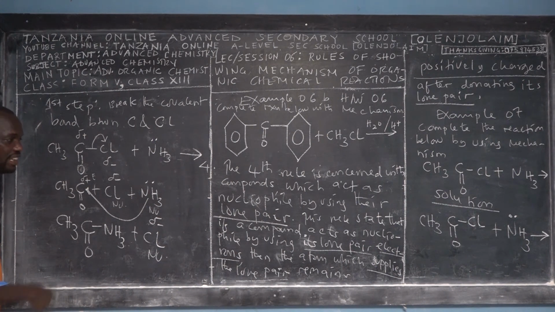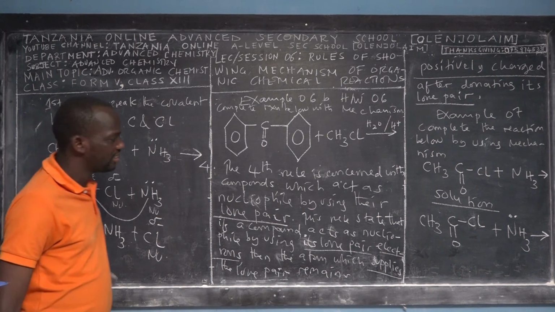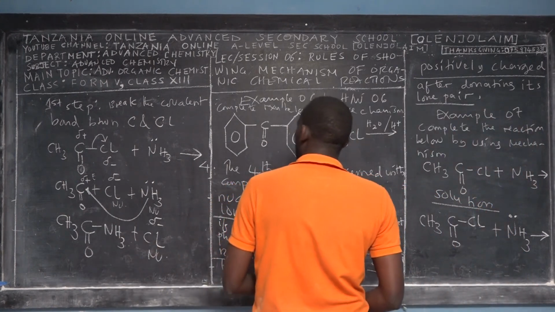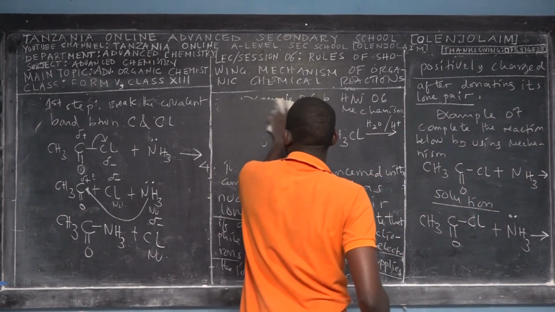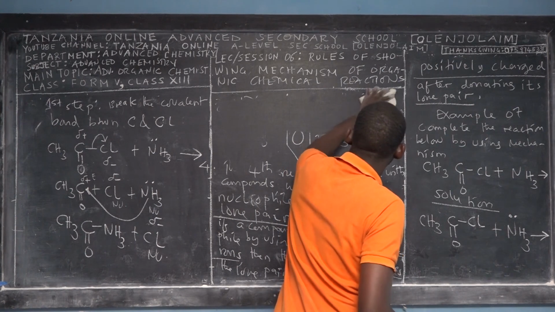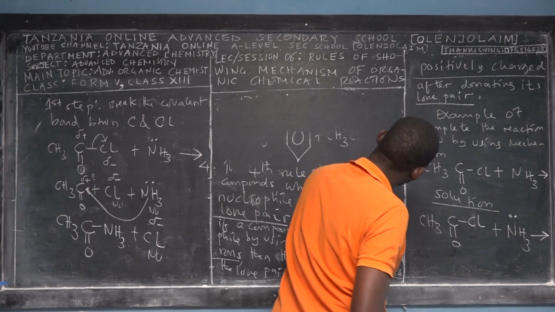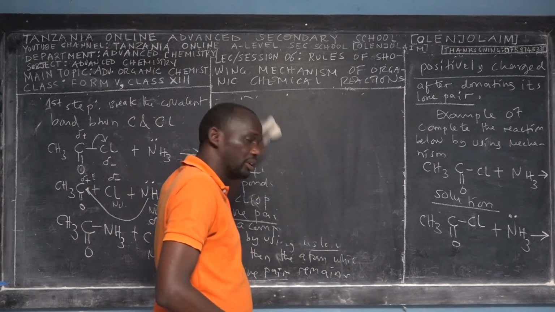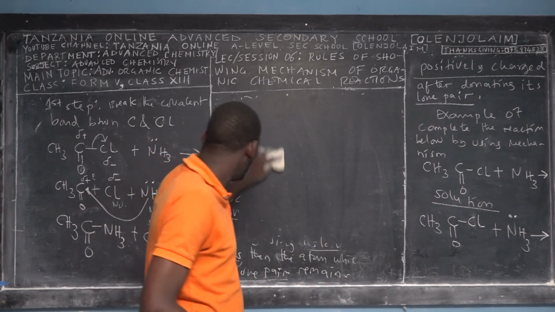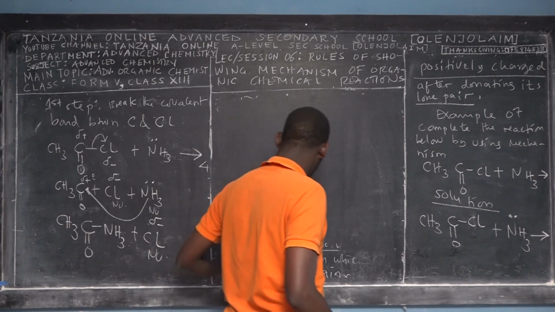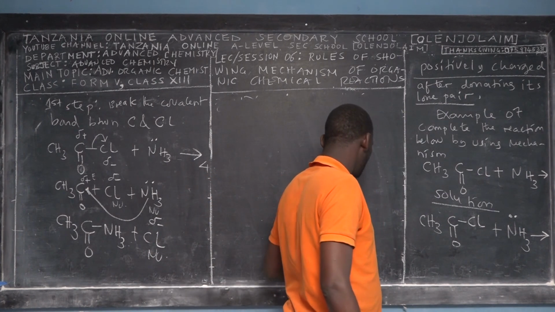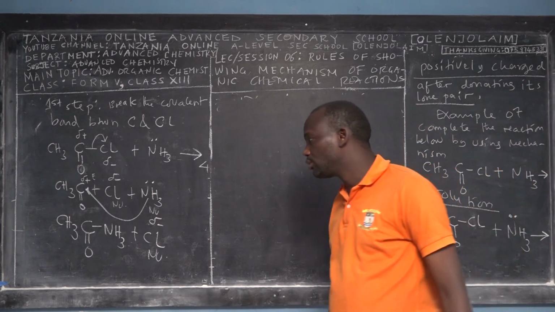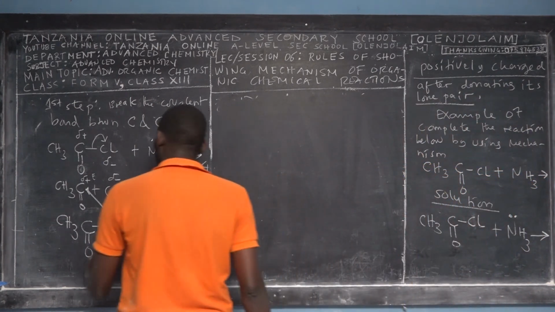But again, a compound like this does not exist. There are no organic compounds of such molecular formula. Why? Because nitrogen can only form 3 covalent bonds. Carbon is the only atom that can form 4 covalent bonds.